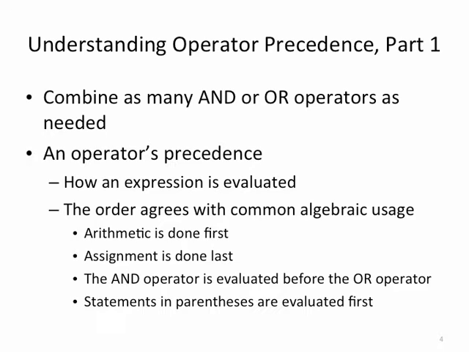However, sometimes you may have a Boolean expression that combines arithmetic, relational operators, and logic operators. So the order in which those are going to be evaluated: arithmetic comes first, then relational operators, and then the logic operators, and assignment is done last. Parentheses will be evaluated first, so those can change the basic order of operations.